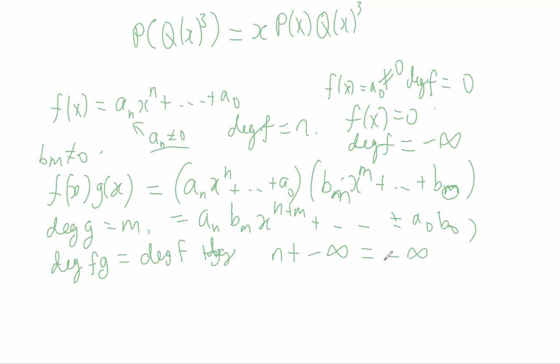And that's probably why you define it to be negative infinity, because then negative infinity plus any number is still negative infinity, at least in a heuristic sense. Any zero polynomial times any other polynomial is a zero polynomial. So maybe this is one of the good motivations for defining the degree of the zero polynomial to be minus infinity. Nonetheless, it's just a symbol that has to obey those addition rules, so that the rules are nice no matter what the polynomial is.